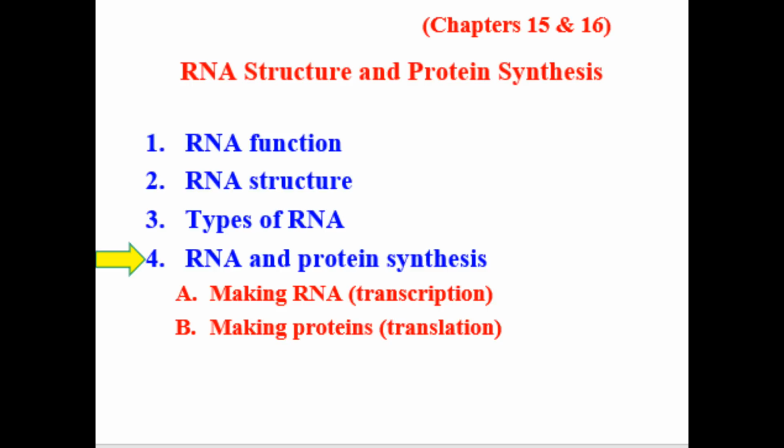We need to get from information in a nucleotide sequence, which is both DNA and RNA, to information, not just information, but an actual structure that's made up of amino acids.